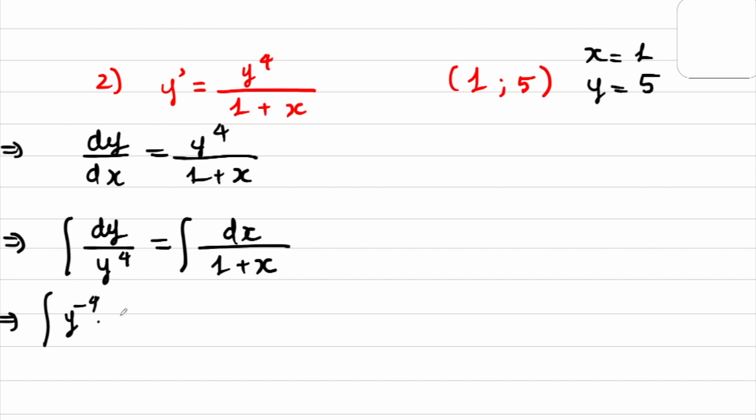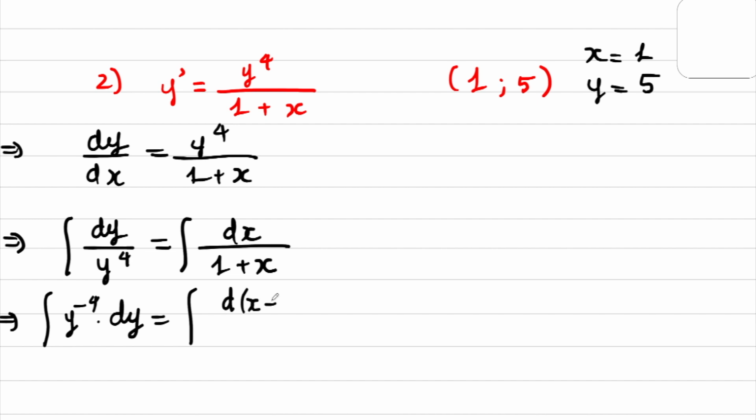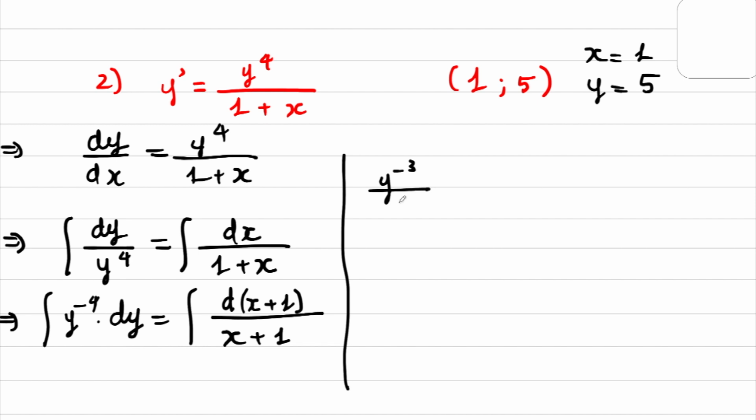You got y to the power of minus 4 dy, and then you will have, oh sorry, this is an integral, and d of (h plus 1) divided by (h plus 1) here. And then you will get y to the power of minus 3 divided by minus 3. On the other side you will get ln of the absolute value of h plus 1, and then plus c.